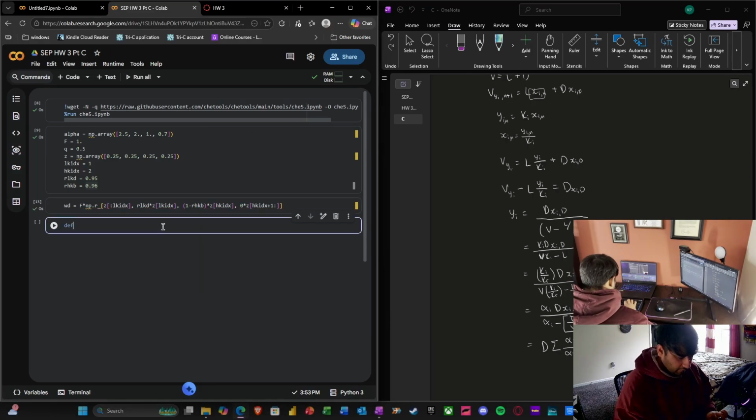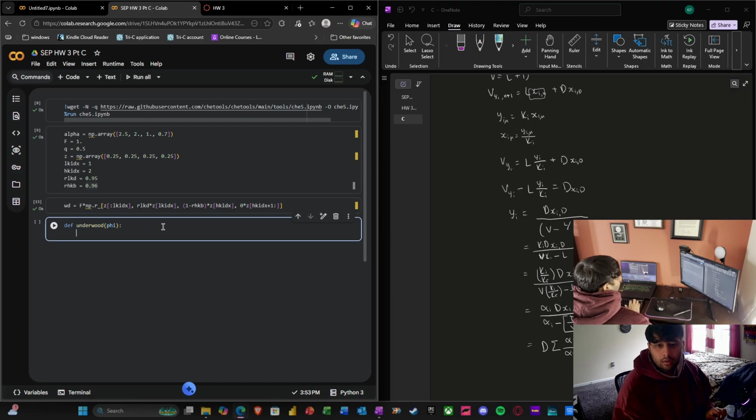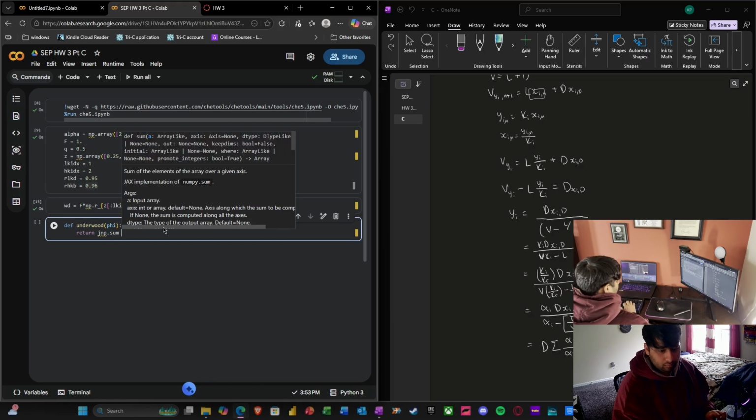Now what we're going to do is define our Underwood function in terms of phi. So we get return jnp dot sum, and it's basically what our Underwood equation was.